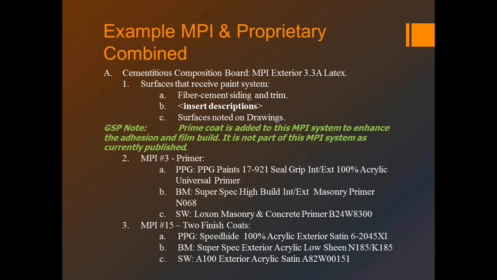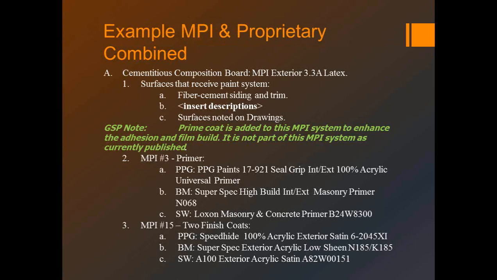Let's say you wanted to write a prime coat, an intermediate coat, and 2 finish coats. You have either a 2-coat system or a 3-coat system available under the INT and the EXT standards. So you will have to go outside of MPI per se to be able to write those.